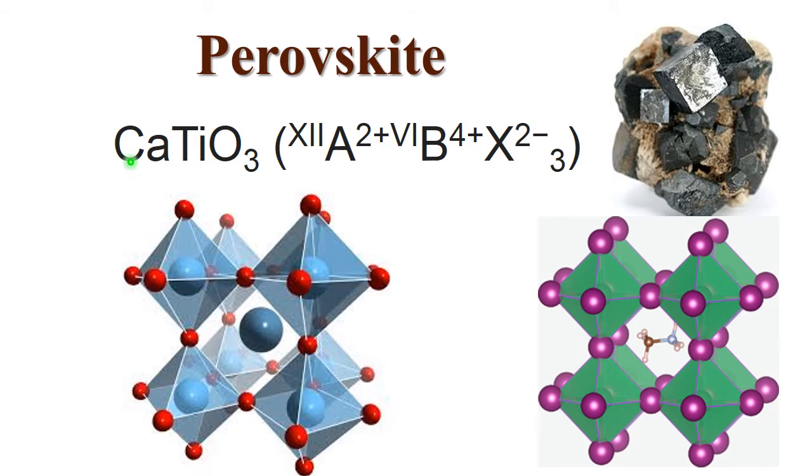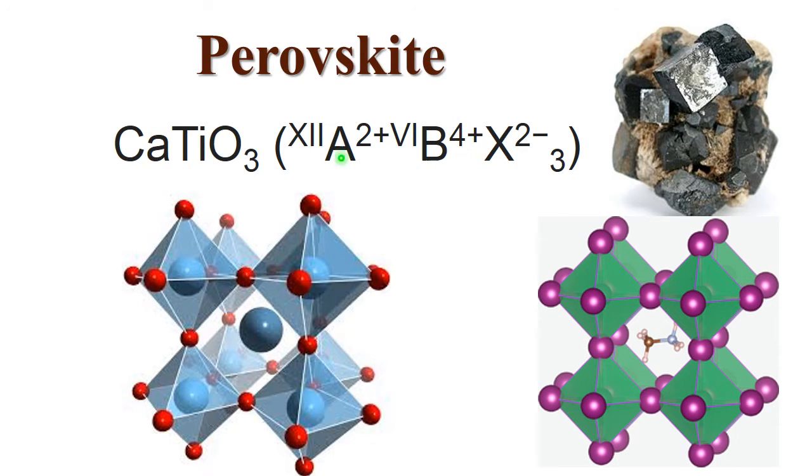If you have 2 different cations, we often have perovskite structure. The original perovskite was calcium titanium oxide, or calcium titanate. It has 2 cations. One of them is relatively very small, with charge +4.